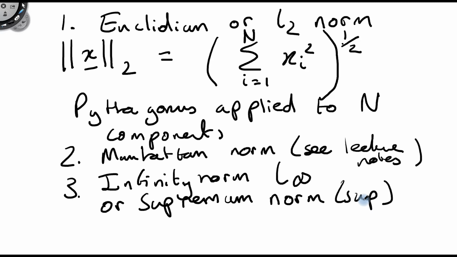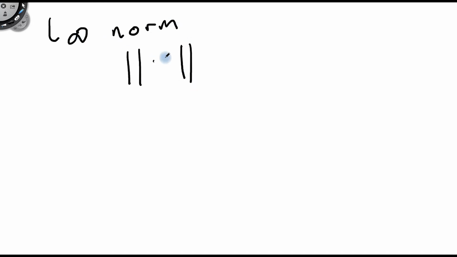and I need to use the next board for that. So the L infinity norm is notated norm of our vector x, again our two vertical bars x, but it's now got a subscript infinity, and the computation of this is a little bit simpler, and this is why it's popular.